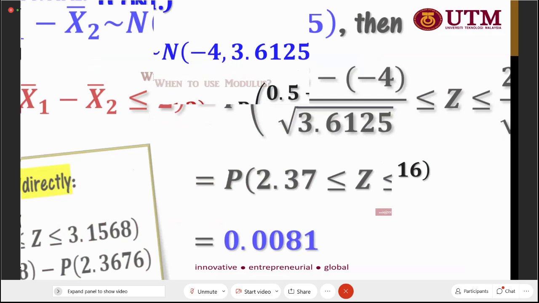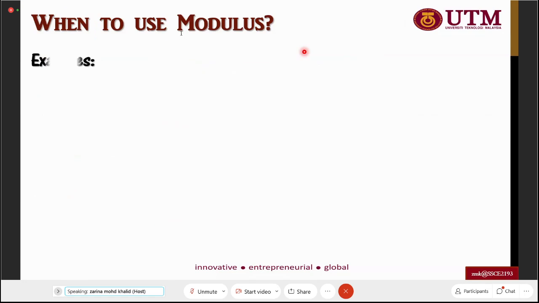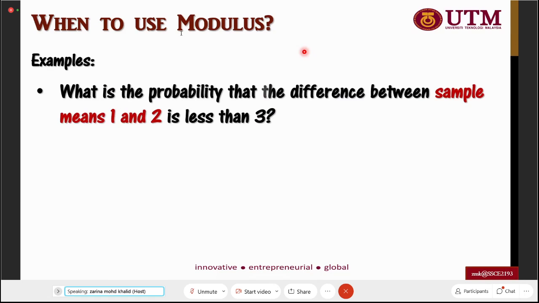What about the next question: what is the probability that the difference between the sample means is less than 3?